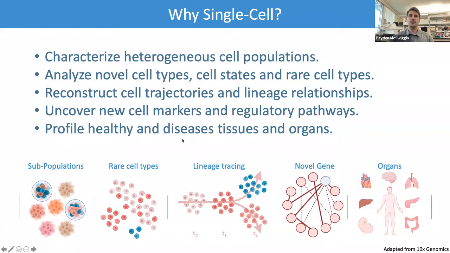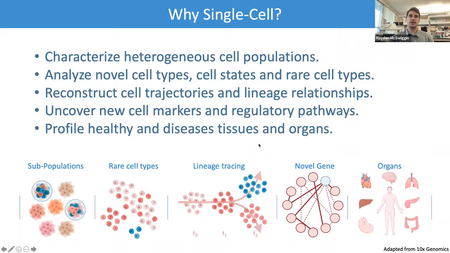So what are the benefits of single-cell RNA-seq analysis? Well, first off, you can characterize heterogeneous cell populations, as I just mentioned. You can identify all cell types in your tissue of interest. You can also identify rare cell types or rare cell states. You can also reconstruct cell trajectories and lineage relationships, which is important in the developmental context.